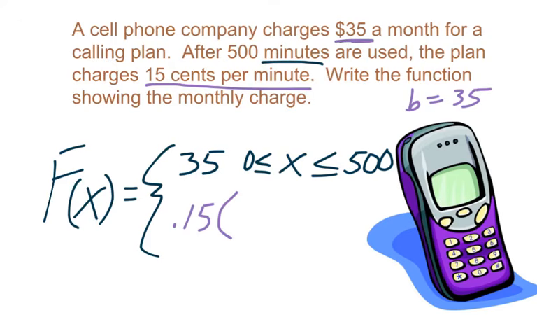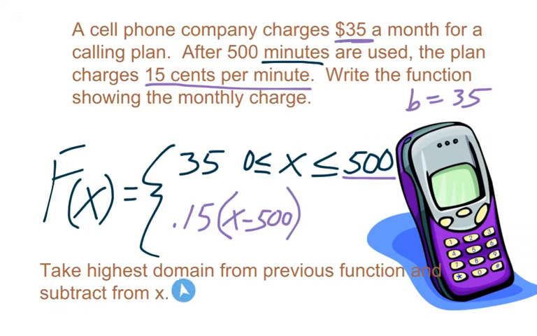So I'm going to take my highest domain from the previous function and subtract it from x. So the highest domain there was 500, and I just subtract it from x. Because if I use 501 minutes, then I would use this second function. And 501 minus 500 would give us 1 extra minute charged at the 15-cent rate.